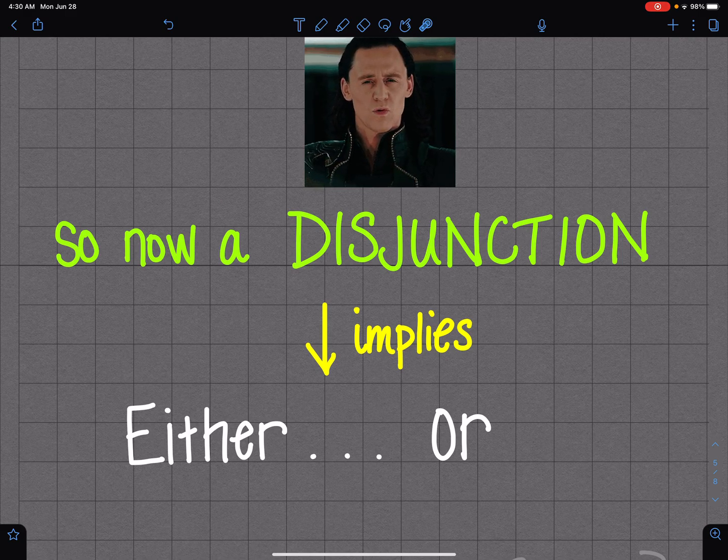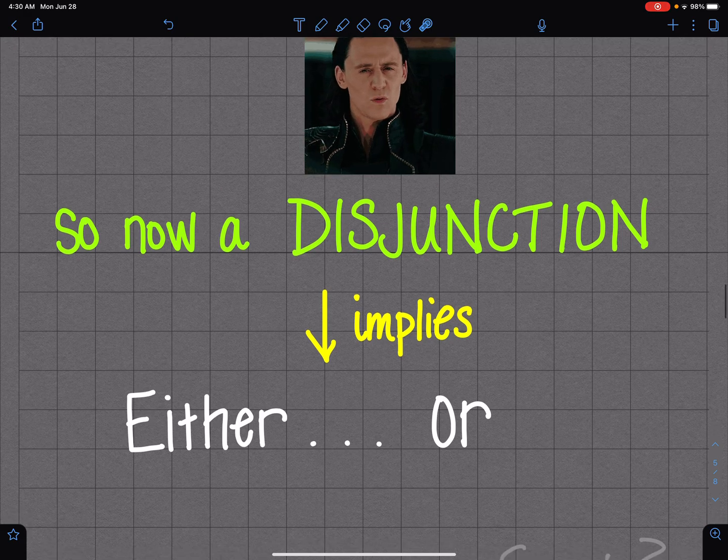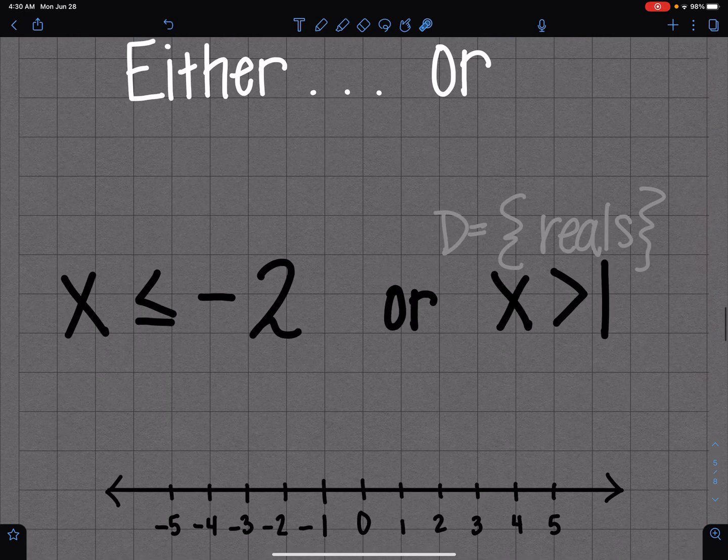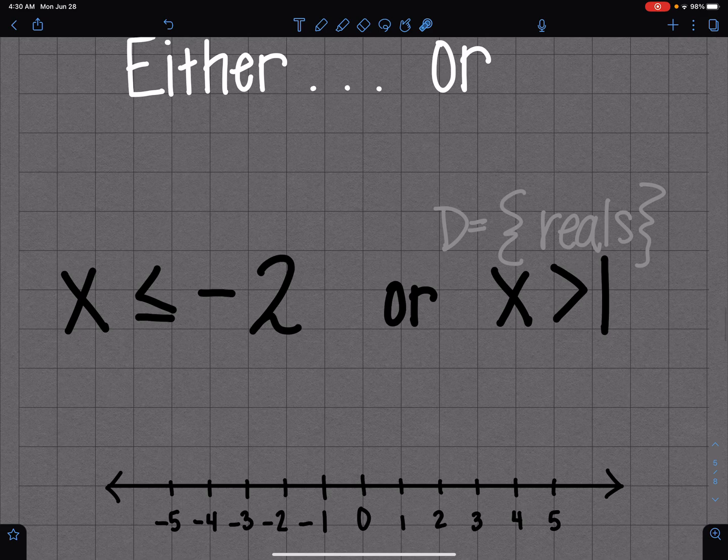So it could be either one side or the other side, not both. For example, here we have x is less than or equal to -2, or, and this is the thing that makes it a disjunction, x is greater than 1. And in this domain, we have the set of real numbers here.